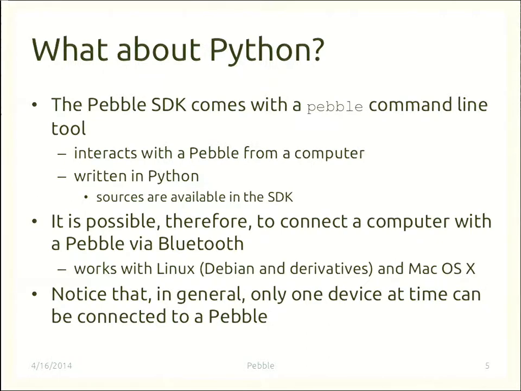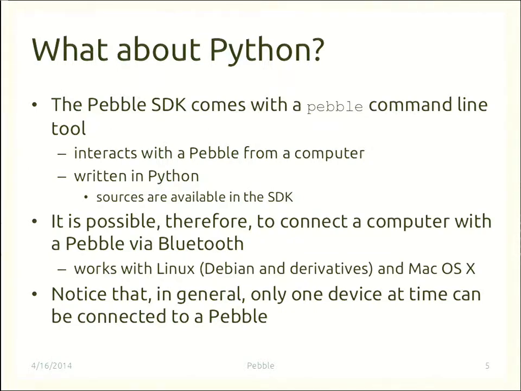This works for sure with Ubuntu and Debian derivatives, and we have not tested it, but it should also work with Mac OS X. In general, with the Pebble, in any configuration, only one device at a time can be connected to it.